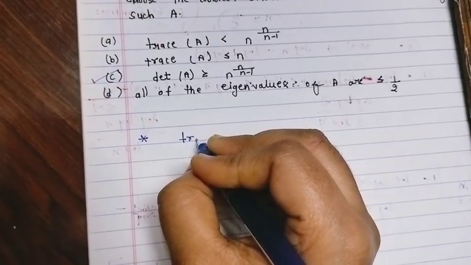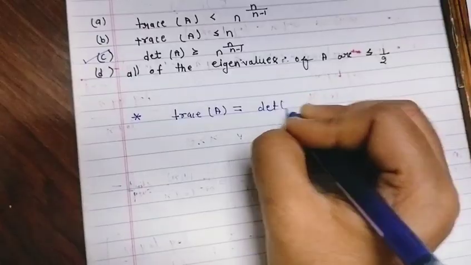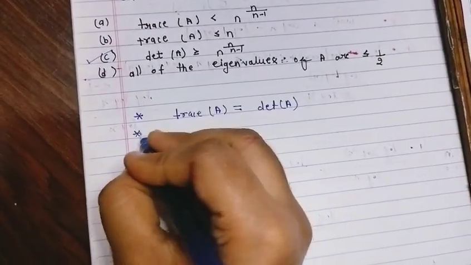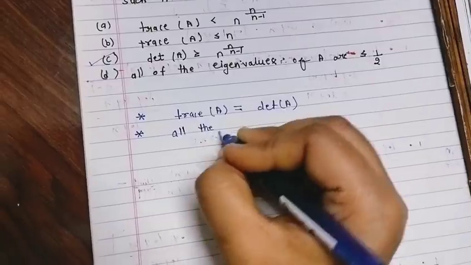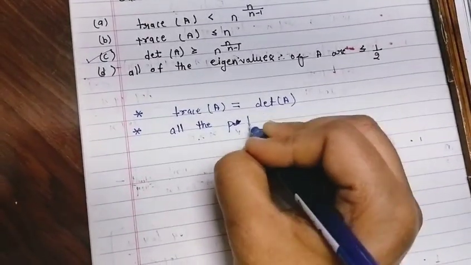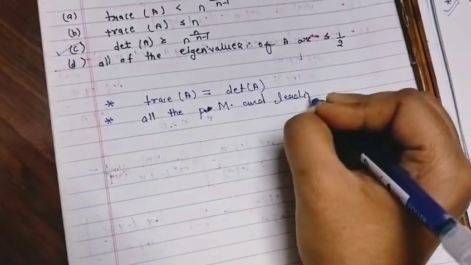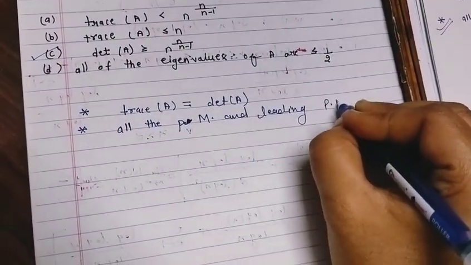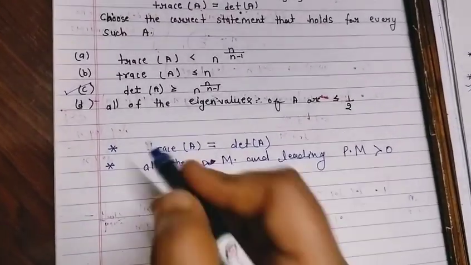Trace of A is equal to determinant of A, and another condition is all the principal minors and leading principal minors are greater than 0, and A is symmetric, given.